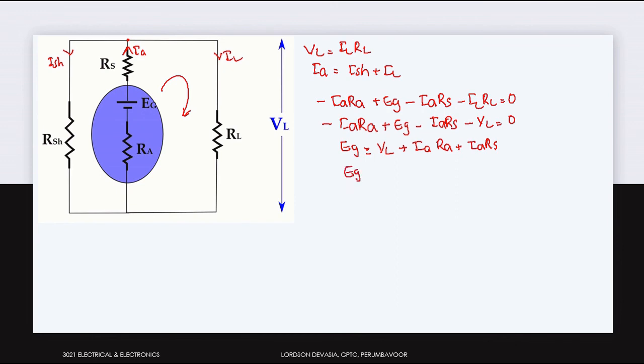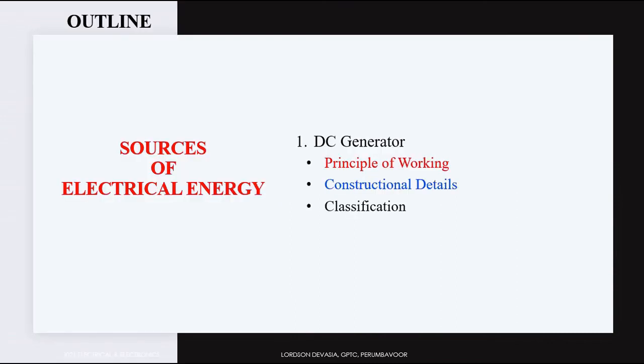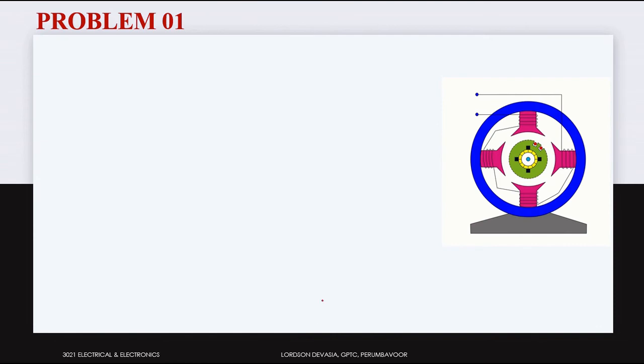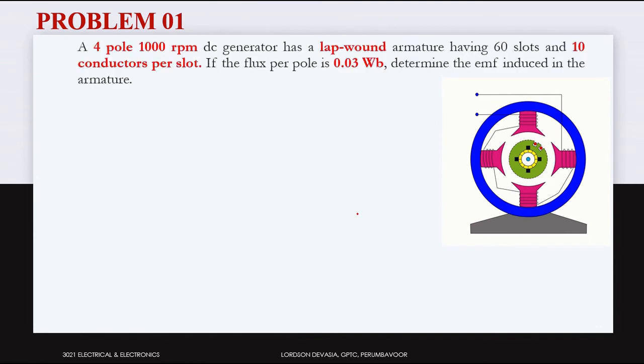That is, EG is equal to VL plus, taking IA common, IA into RA plus RS. This is the generated voltage equation of the long shunt generator. Now we have completed the classification. Now let us discuss one problem.